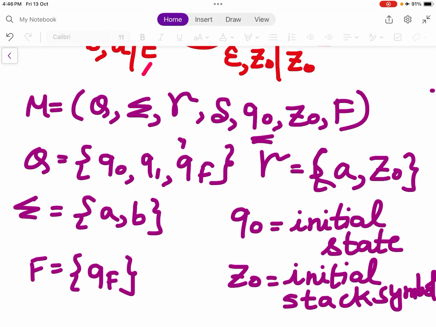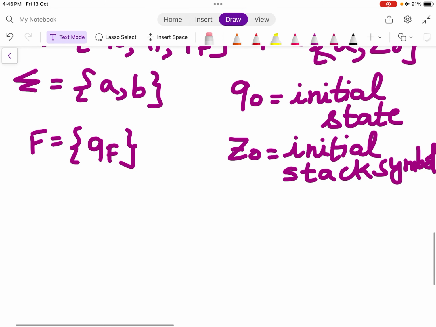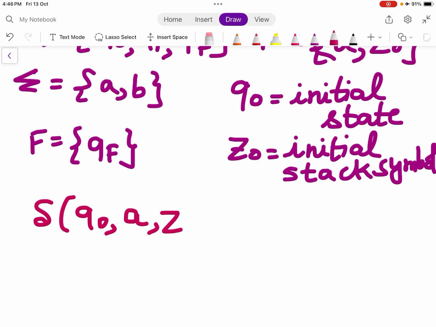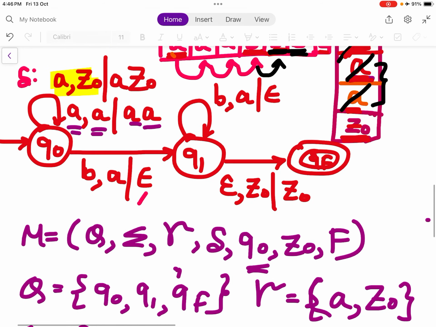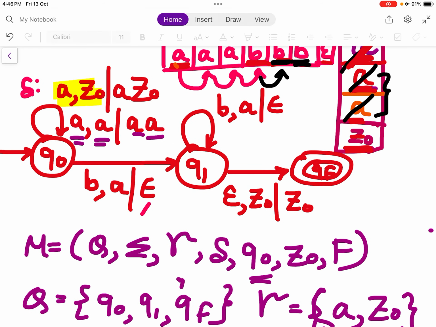Next we will see the transition table form, that is delta of Q0, A, Z0. So that means Q0 on A and Z0 goes to Q0 itself, because you have a self loop, and you get A Z0.